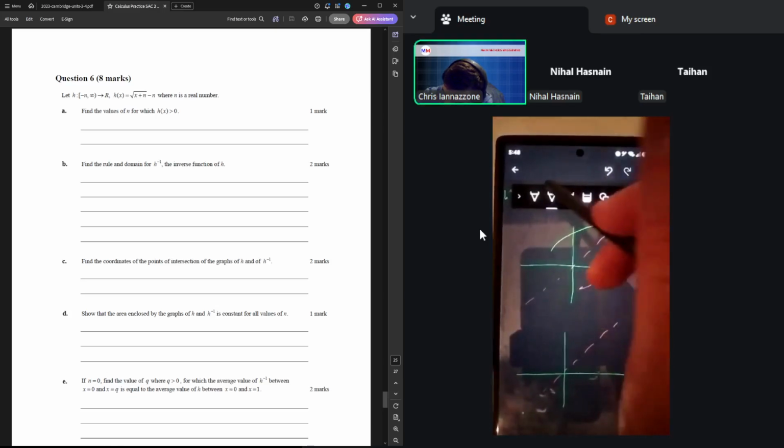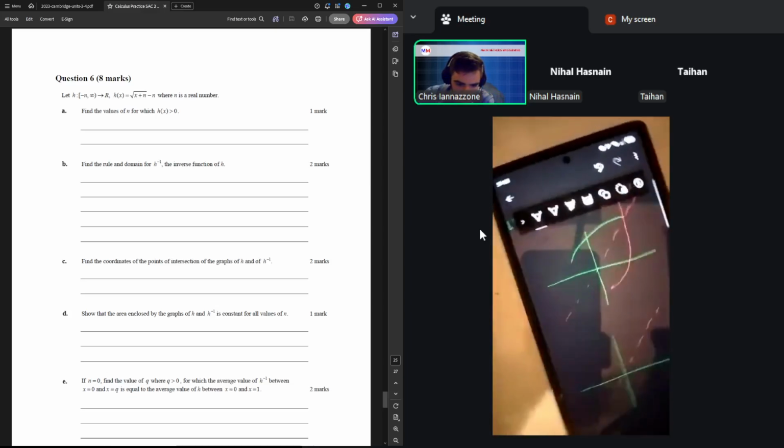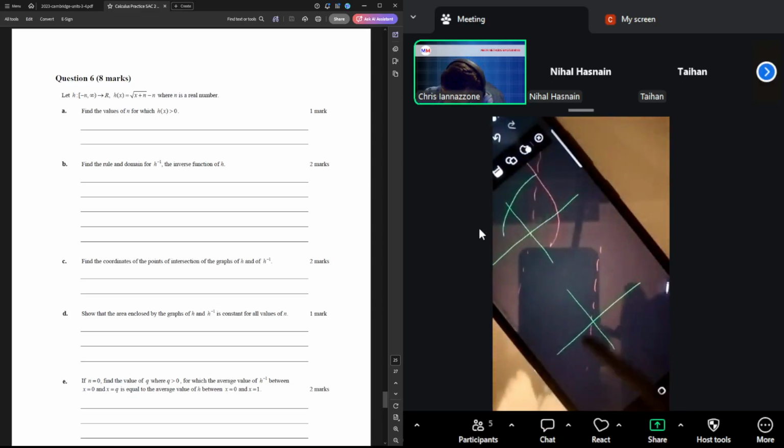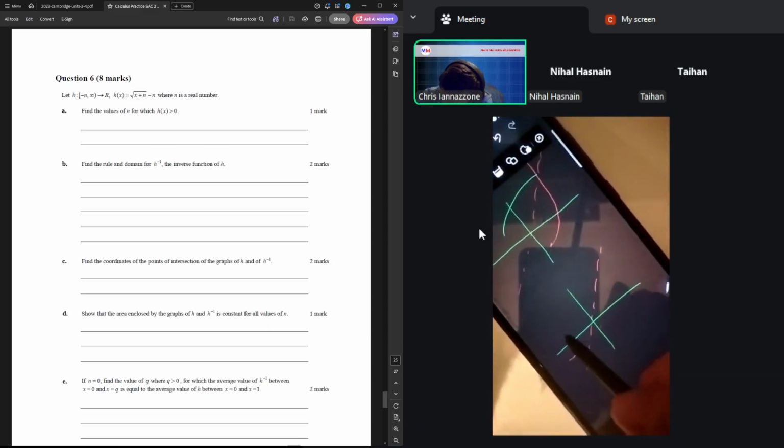Well, yeah, that's because from my understanding, it shouldn't be possible to intersect anywhere else other than on this line, if they're true inverse pairs, because they have to be mirrored, right? Whatever you draw on this side has to be exactly mirrored on the other side.